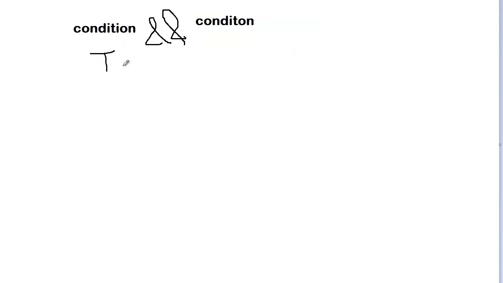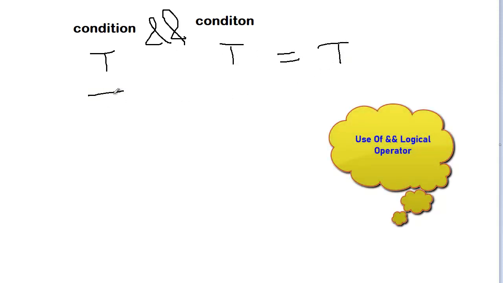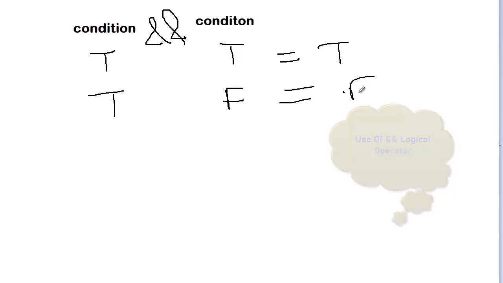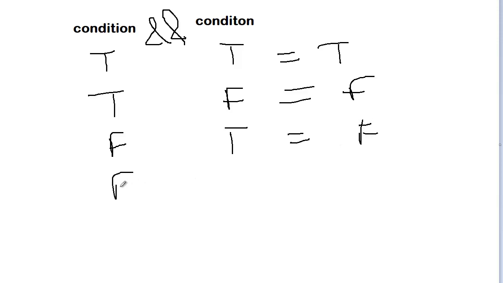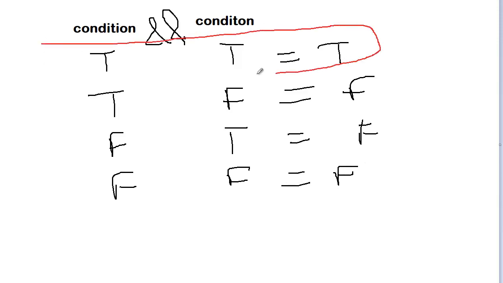Okay, so keep it in mind. If both conditions are true, then it returns true. If it is true and false, it is false. If one is false and one is true, it is false. If both are false, then it is also false. We get true only when all the conditions are true; then this AND operator works.